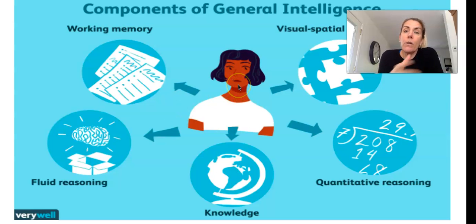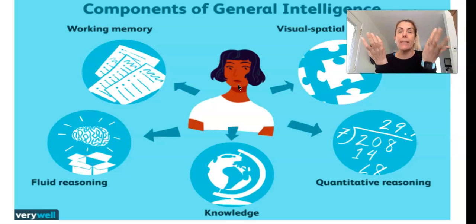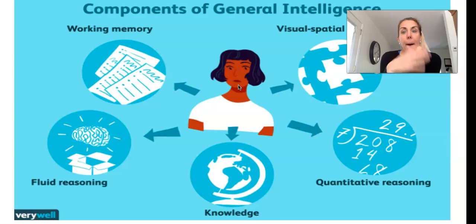So the components of general intelligence, it's just that G factor. It had all of these characteristics with it, like working memory, fluid reasoning, knowledge, quantitative reasoning, but he described that as one single factor. That was the G factor. You had this general intelligence, and that had all of those in it.